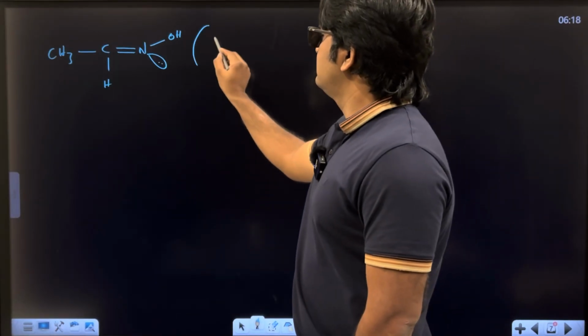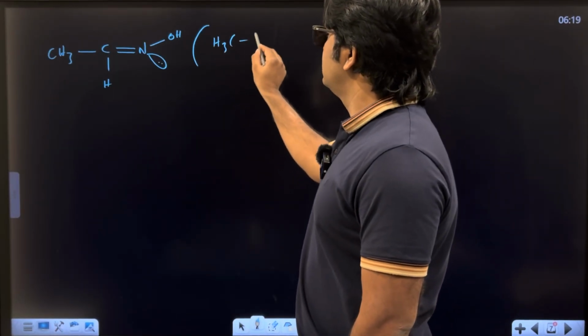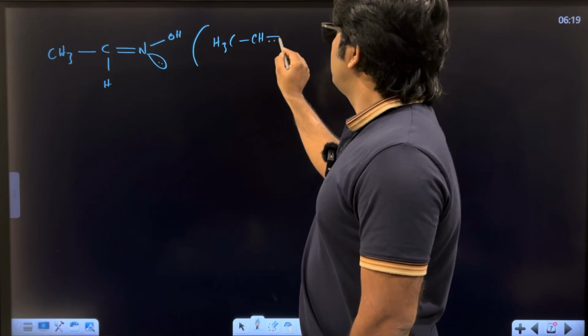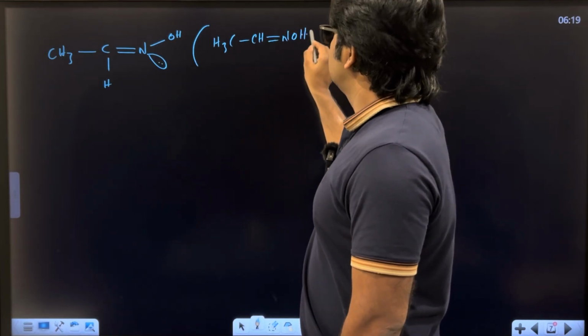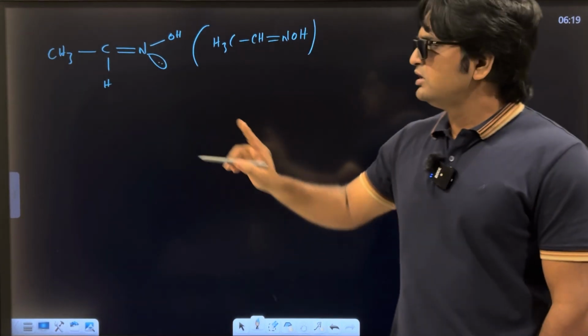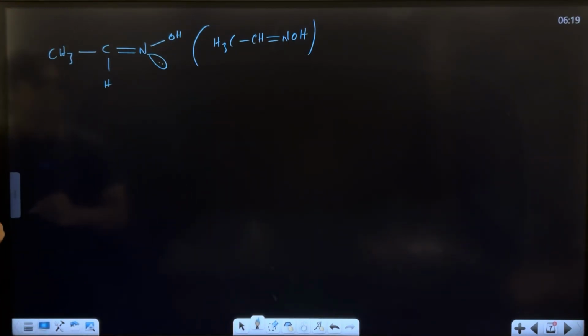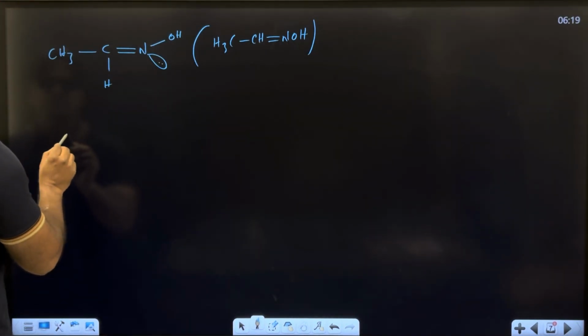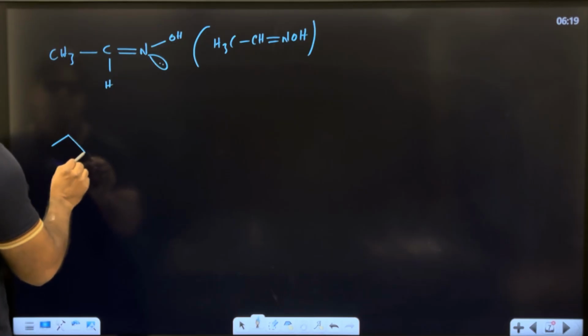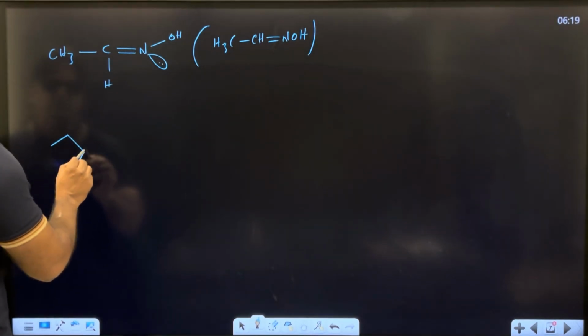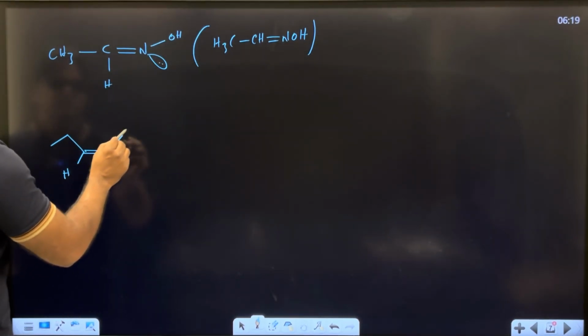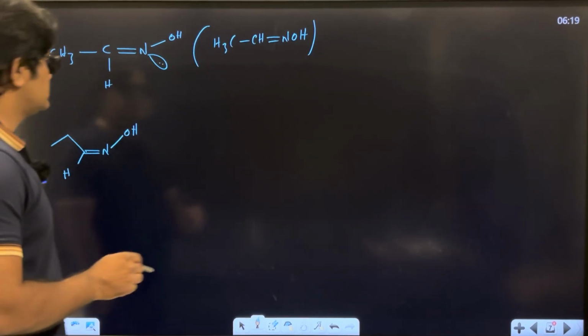Simply the same molecule they are giving like this, CH3 CH double bond NOH. Now this is the complete structure. I am taking the lone pair of electrons also, right? And the second molecule, CH3 CH2, next here I am taking hydrogen double bond NOH. That is the third molecule.